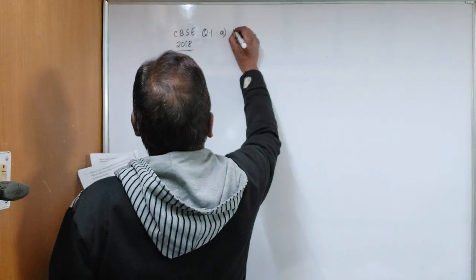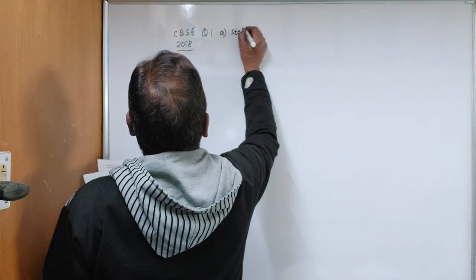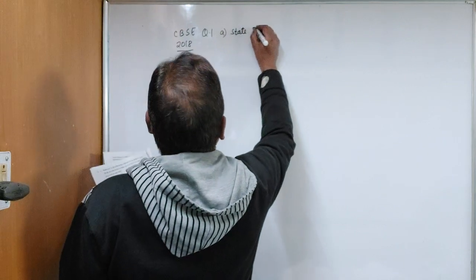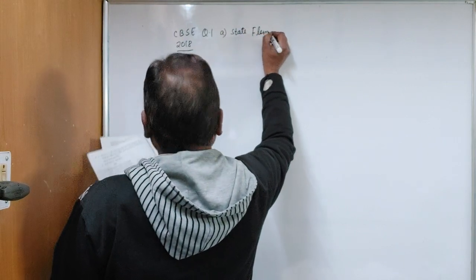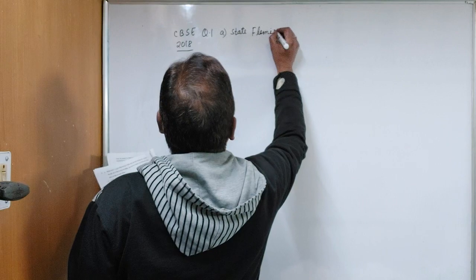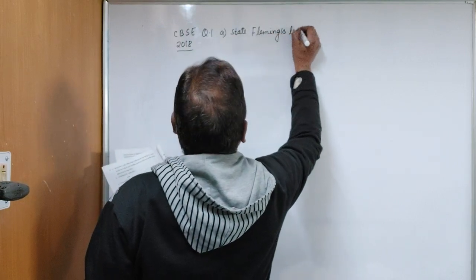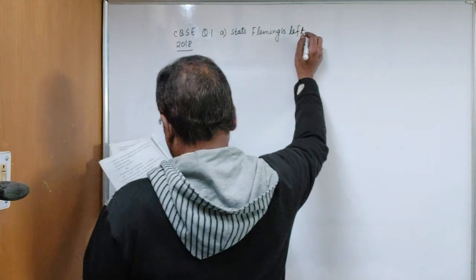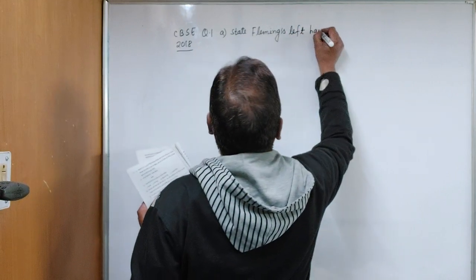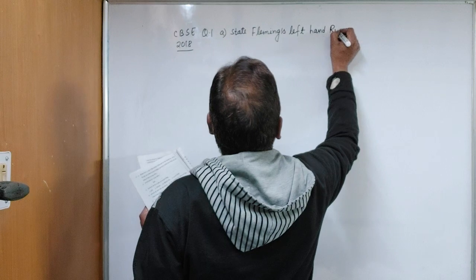Five marks question. First part is state Fleming's left hand rule.